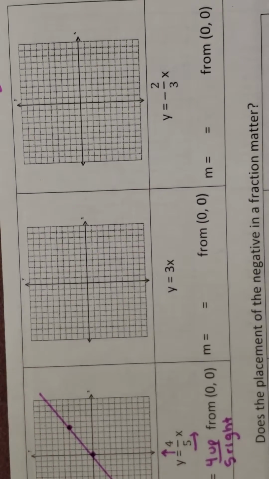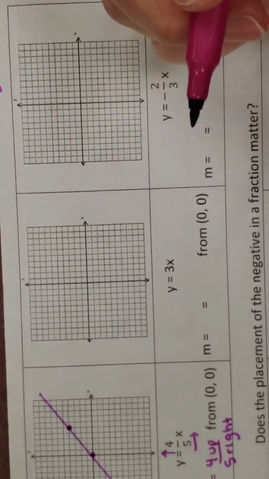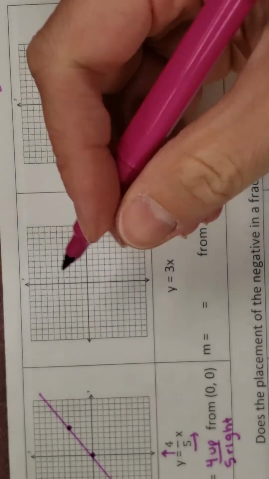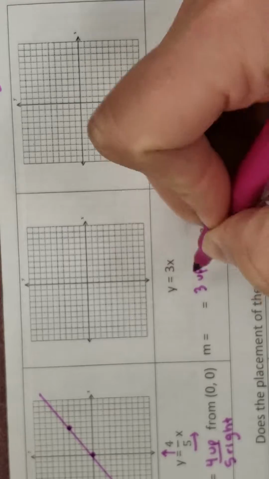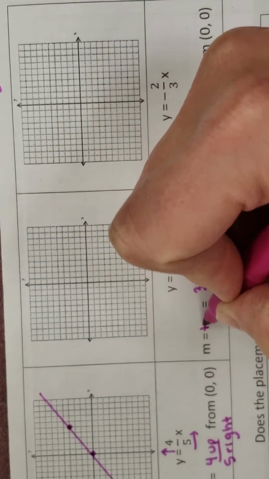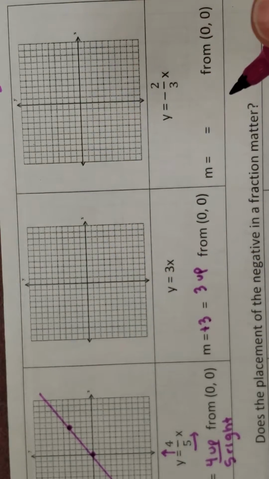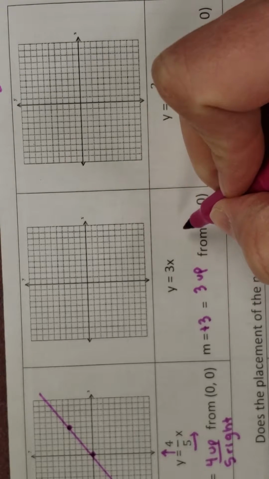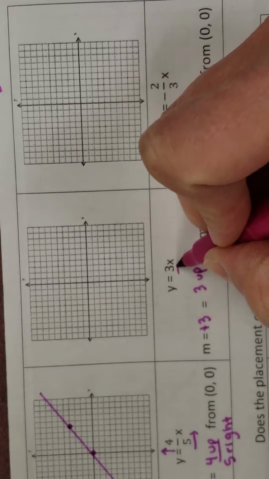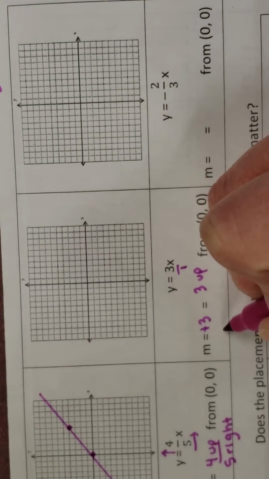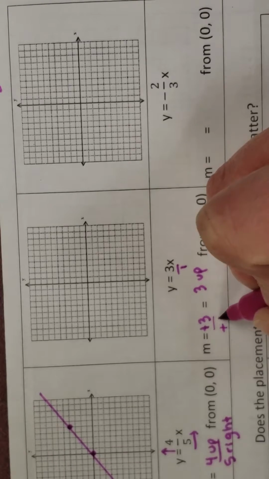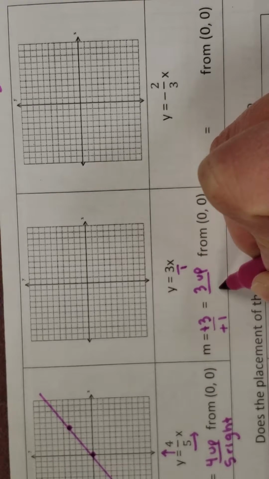Uh-oh. What if my slope is just a whole number? I see that I'm going to have to go 3 up because it's a positive 3. But what about my left and right? What would 3 be as a fraction? It would be 3 over 1. Right. So that also means a positive 3 over a positive 1, or 3 up over 1.